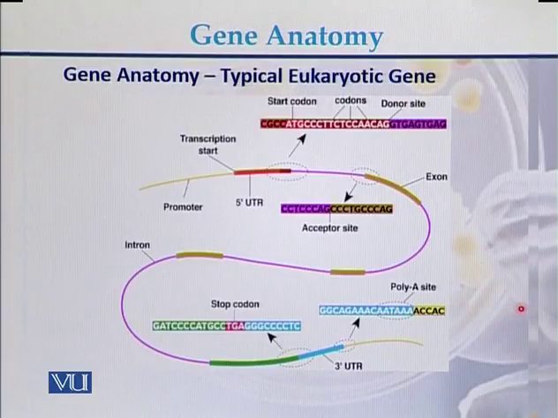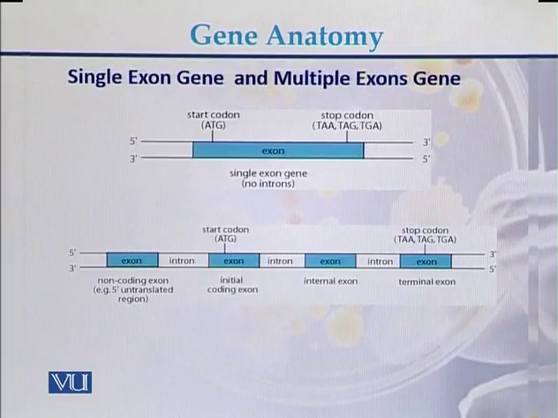If we compare the prokaryotic gene and the eukaryotic gene, the prokaryotic gene is simple. There are no introns, while in the eukaryotic gene there are exons and introns. This is the comparison between a single exon gene and a multiple exon gene. Here we can see the gene consists of a single exon, a start codon, then a stop codon, and the gene consists of only a single exon.